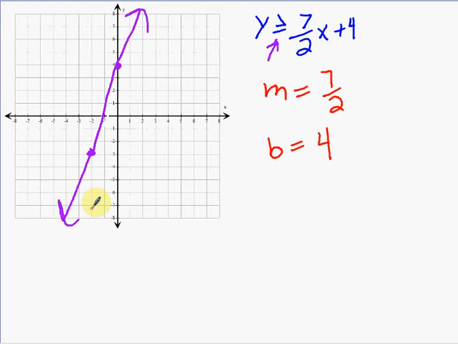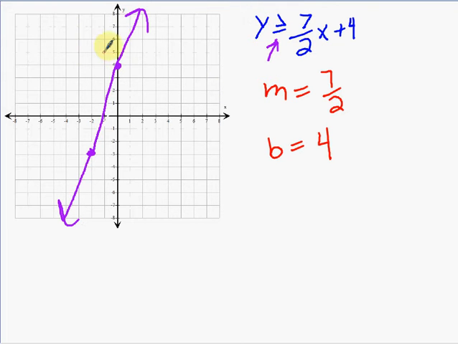Alright, and it's solid. I'm allowed to make it solid because there's an equal to bar here. Now the second thing I have to decide is where I'm going to shade, and this is something that we didn't do when we were graphing just an equation. An equation is just a line. I look at my symbol again, and this time I look at the arrow part of the symbol, and it's a greater than symbol.